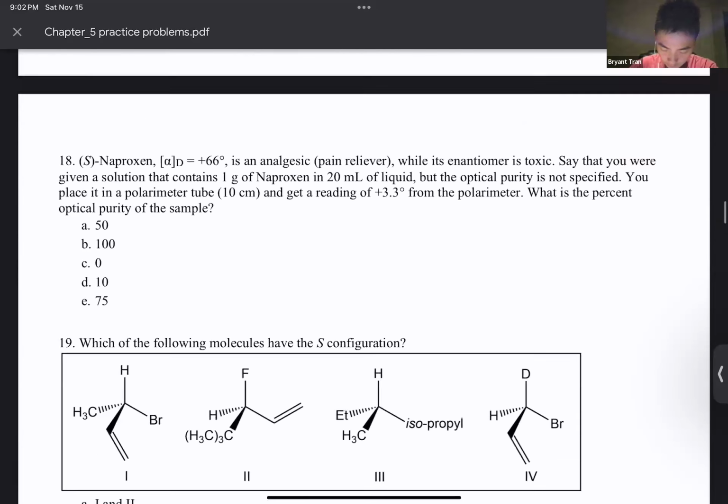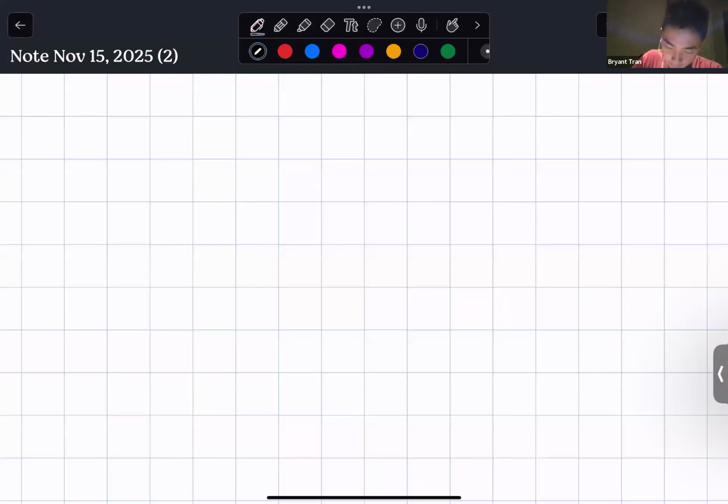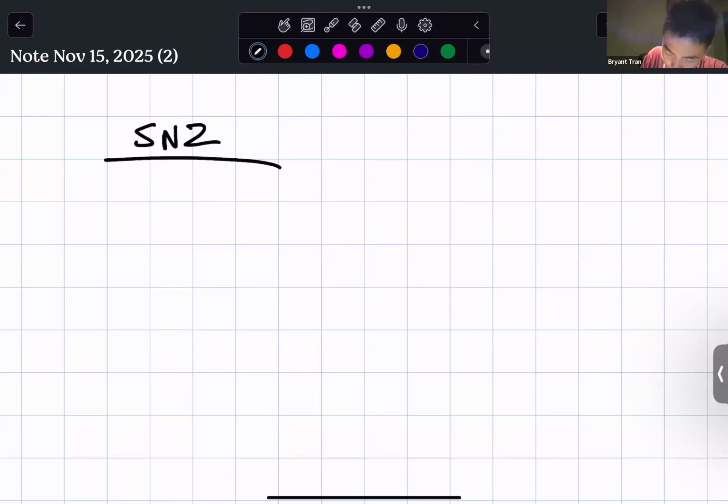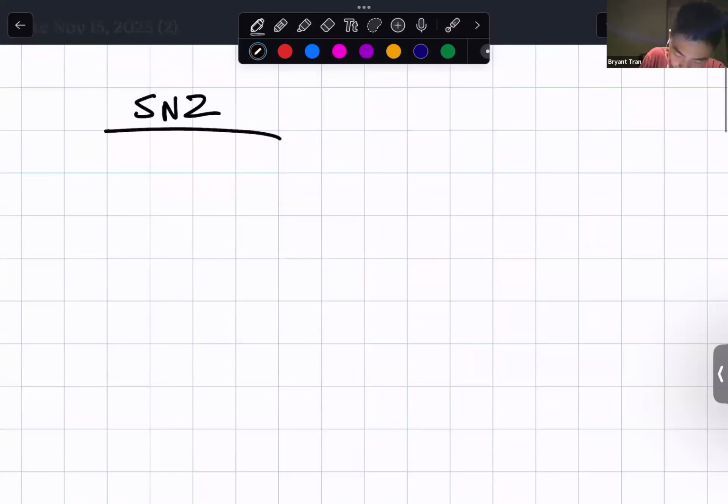So let me just give a brief overview of those reactions. Okay. So let's talk about the SN2 reaction first. Have you guys learned about that yet? SN2. Let's start with that. Okay. So with SN2, some observations are going to be like this right here, where we're going to have an electrophile with a good leaving group, reacting with some nucleophile.